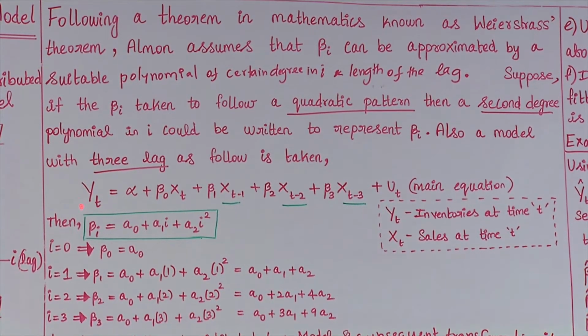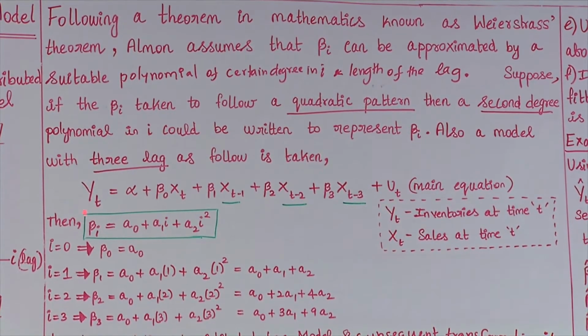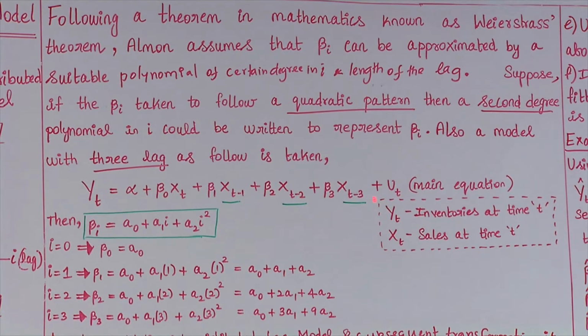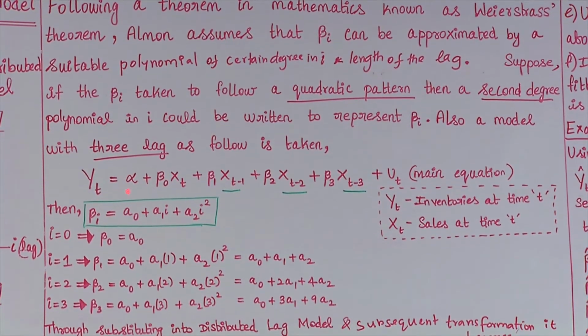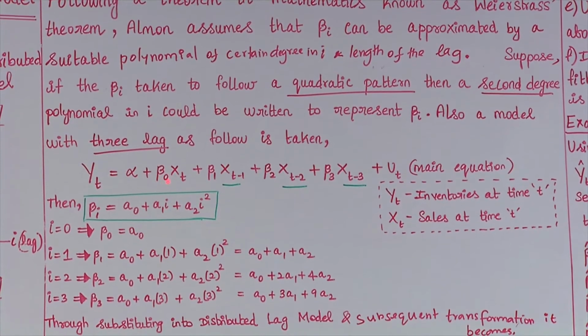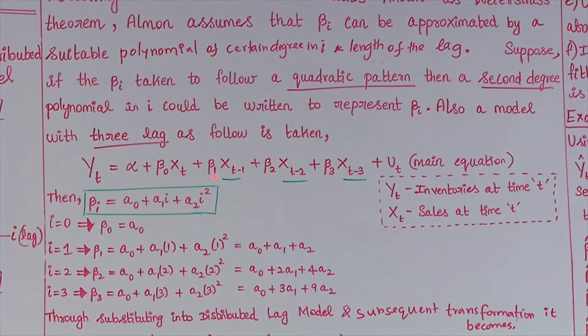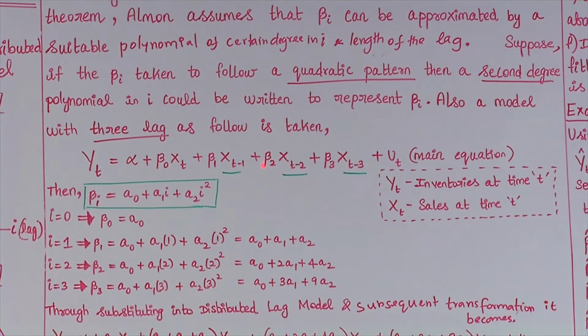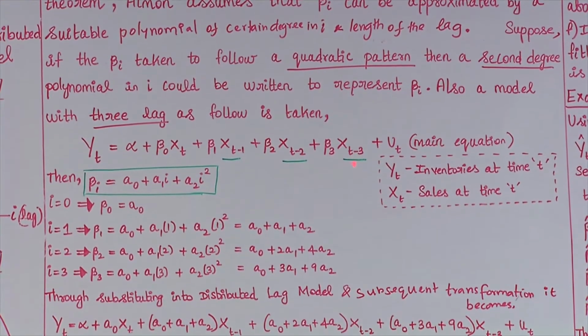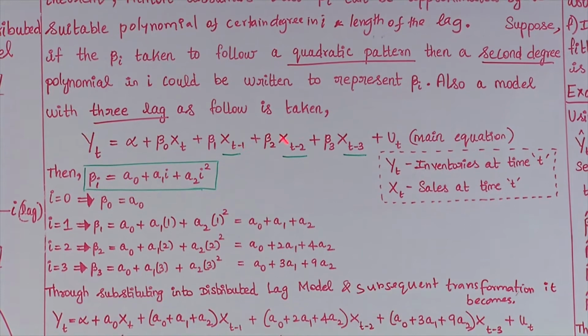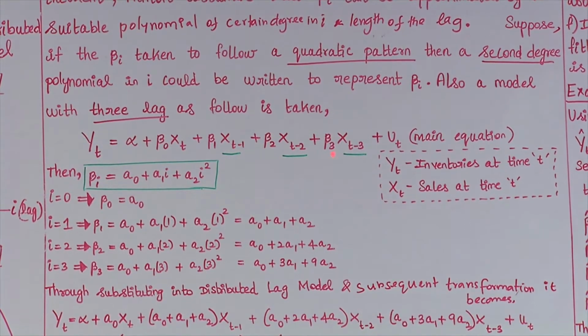So, let us write the distributed lag model. Yt is equal to alpha plus beta 0 xt plus beta 1 xt minus 1 plus beta 2 xt minus 2 plus beta 3 xt minus 3, so 3 lags, 1, 2 and 3, plus ut.